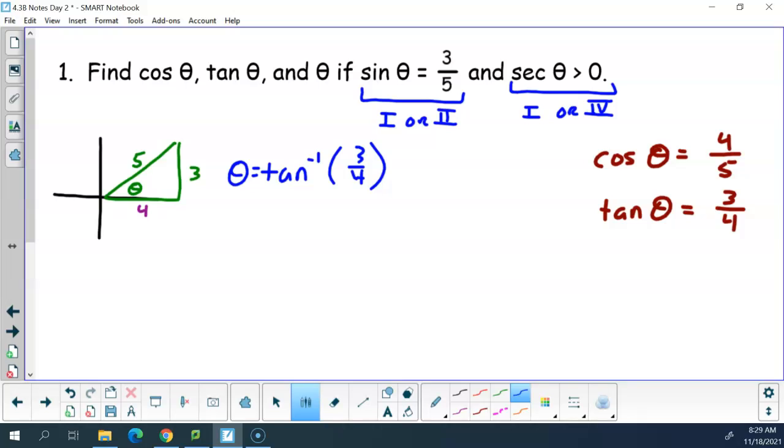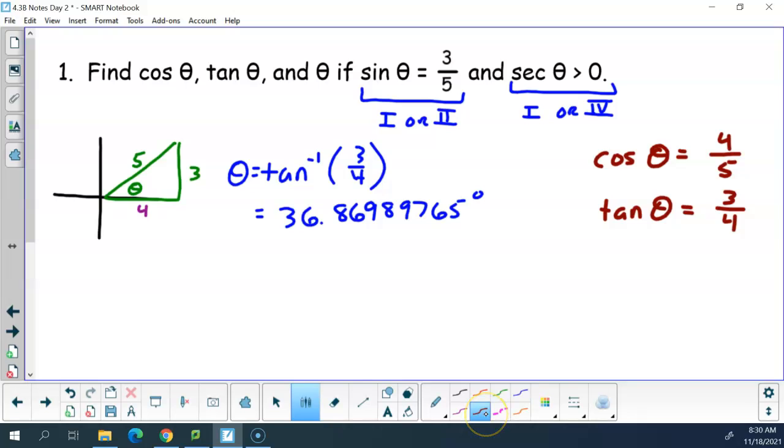Inverse tangent of 3/4 gets me 36.86989765. Agree? But that would also be if I did inverse sine. Okay.